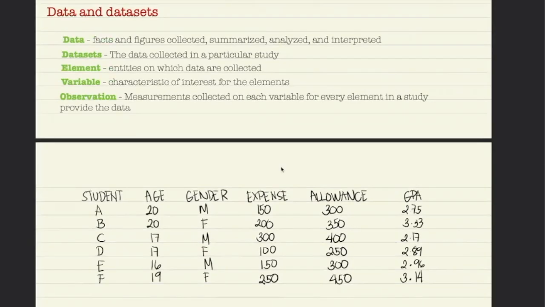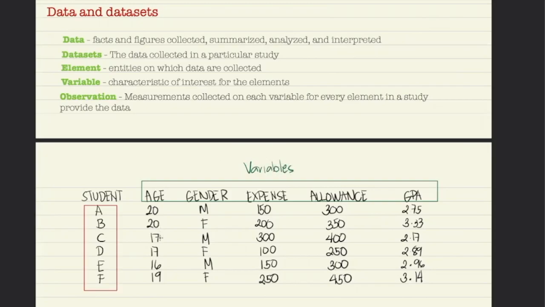Now, let's practice identifying the data in datasets. Now we have here the survey made with the students, and the survey includes their age, gender, expenses, allowance, and GPA. The age, gender, expense, allowance, and GPA, those are called the variables.